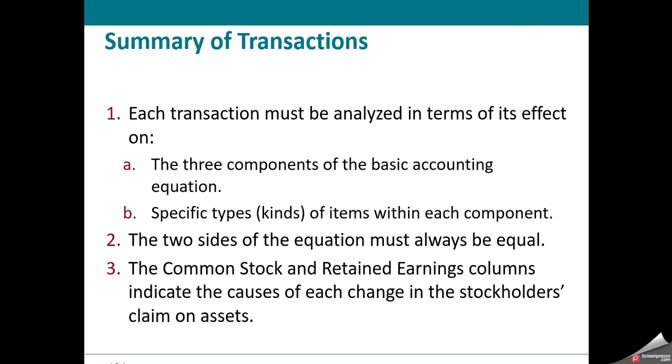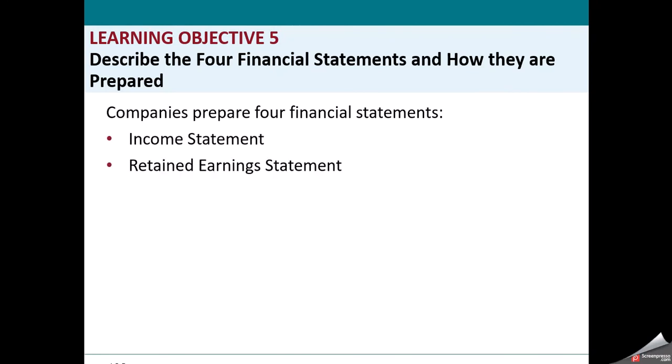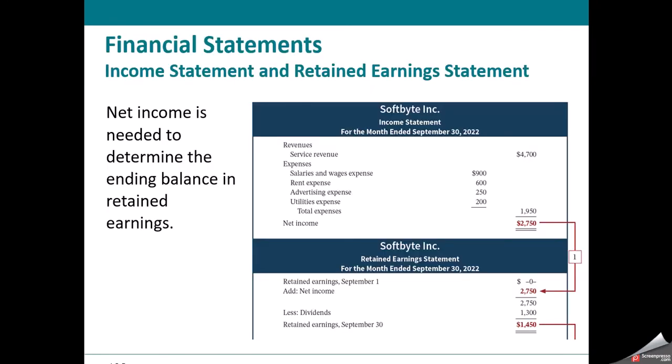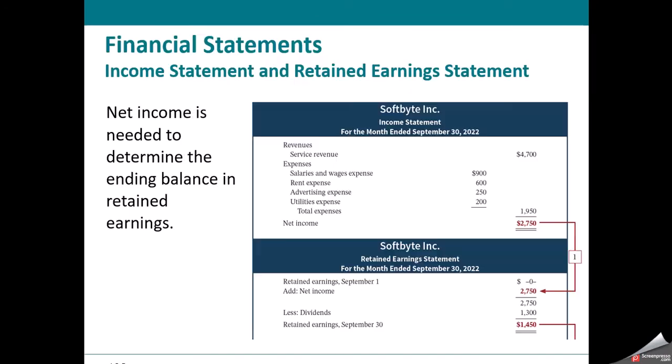So you have to make sure you understand the flow of those transactions. Once we have recorded all those transactions, there are four financial statements that companies prepare: an income statement, a retained earnings statement, a balance sheet, and a statement of cash flows.